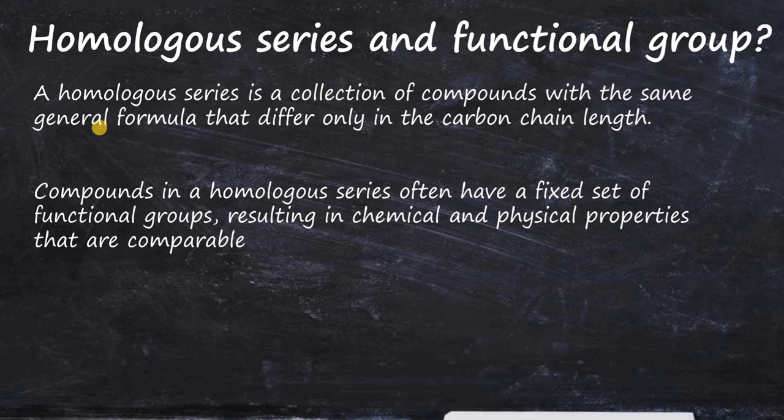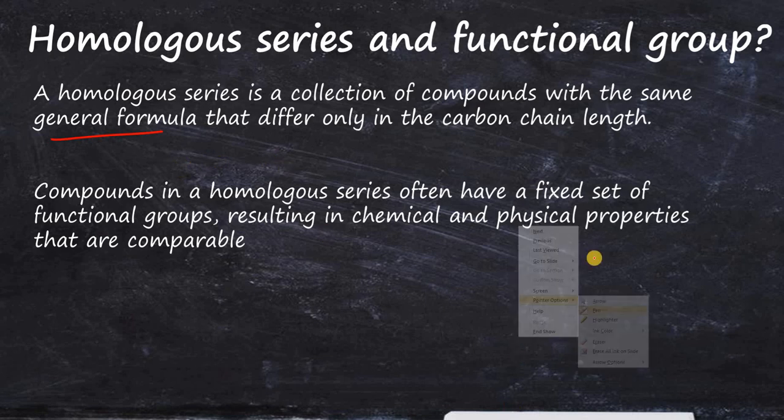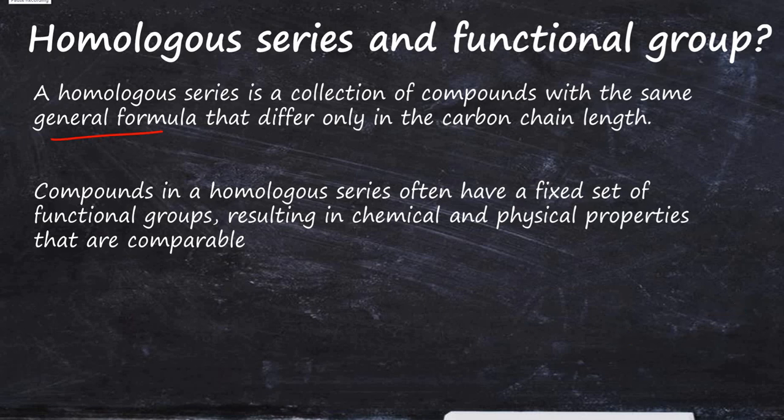Now what is a general formula? We are going to talk about that in detail in the next video. They differ only in the chain length, like how elements in a group differ based on atomic number. Similarly, here they differ by carbon chain length. The compounds in a homologous series often have a fixed set of functional groups, resulting in comparable physical and chemical properties.